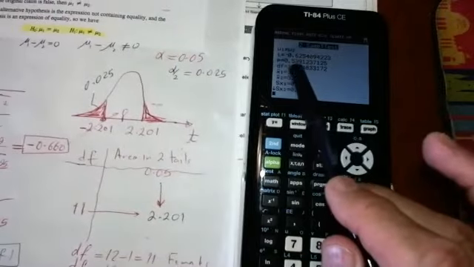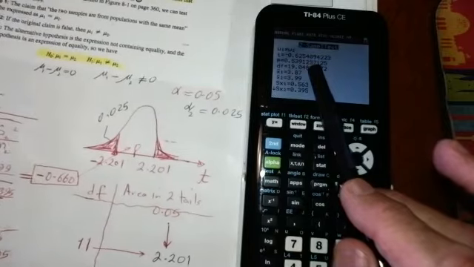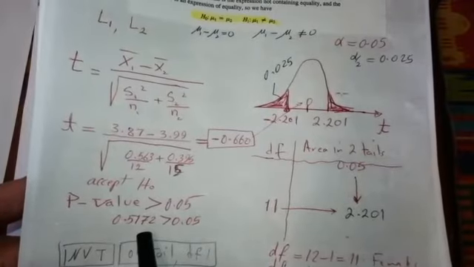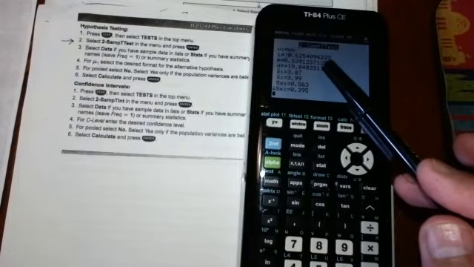Okay. And the p-value is 0.53, which here we have almost 0.52 for the p-value. So these are the numbers.